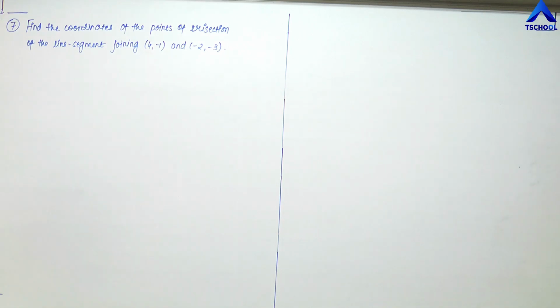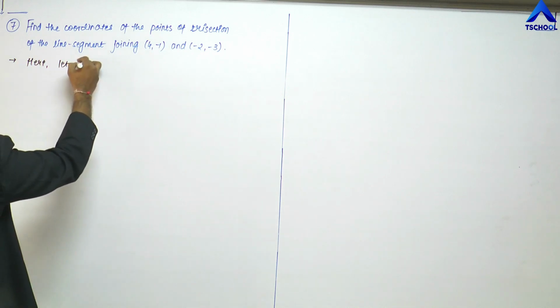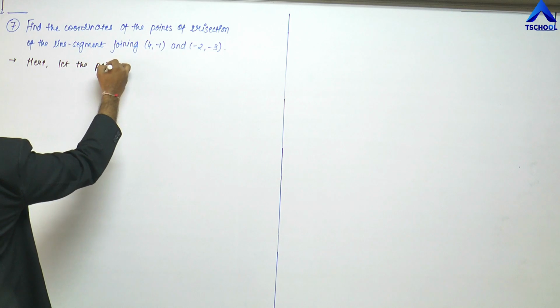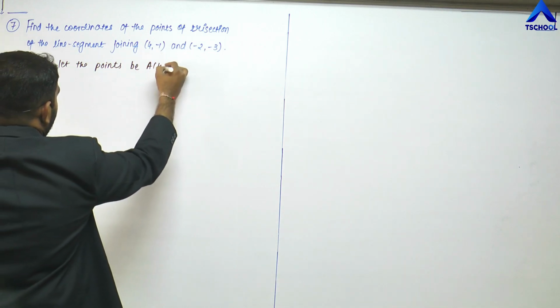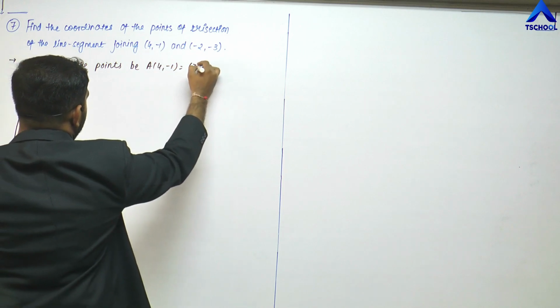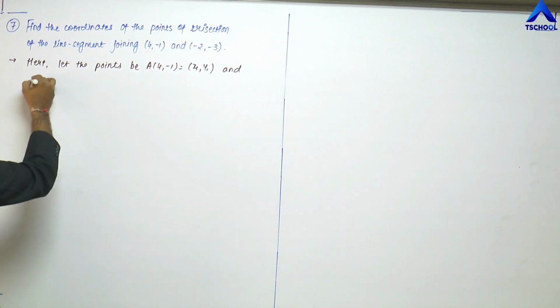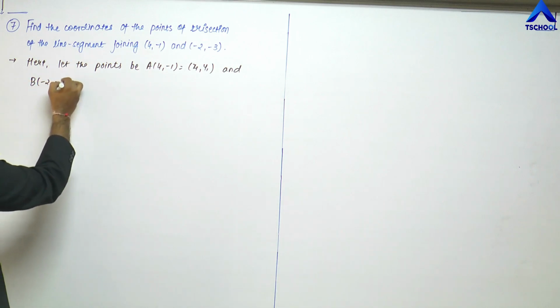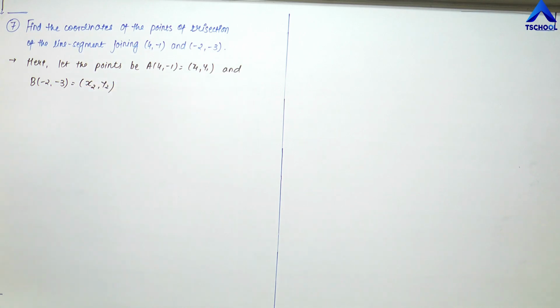As we have a trisection, let the points be A (4, -1) equals (x1, y1) and B (-2, -3) equals (x2, y2).